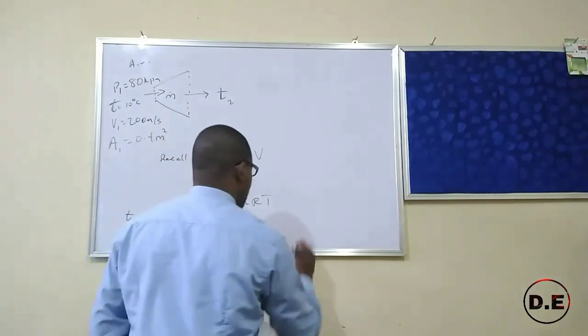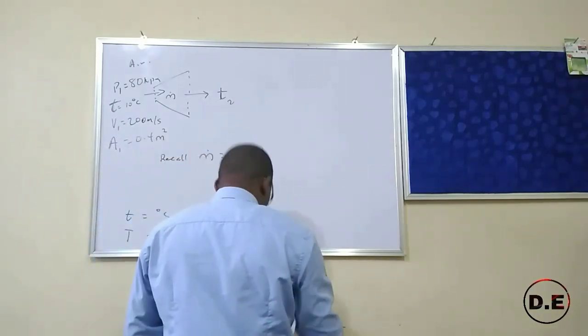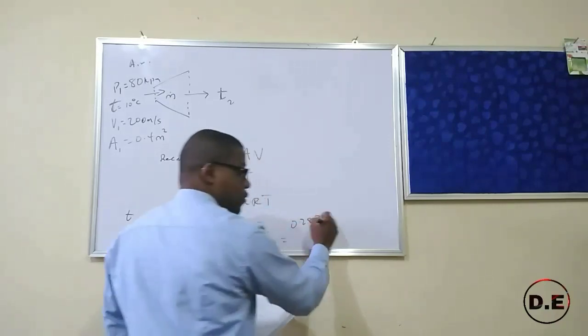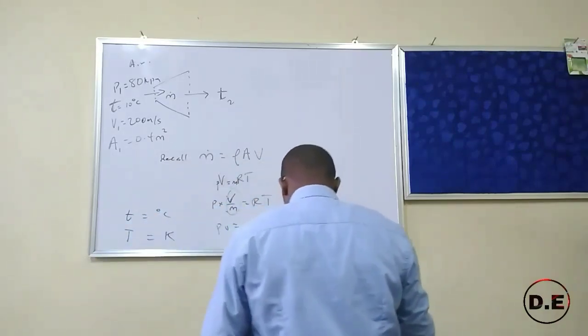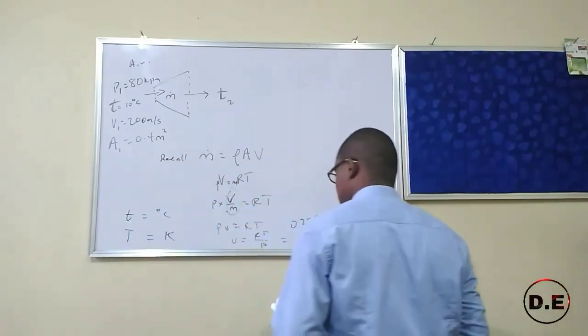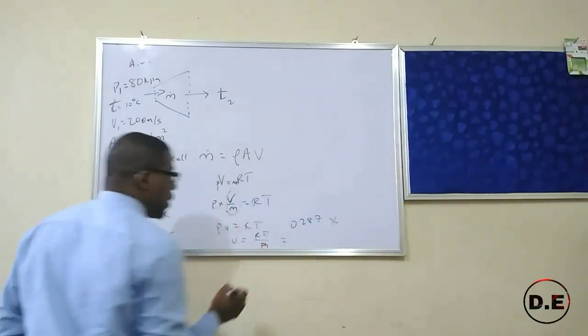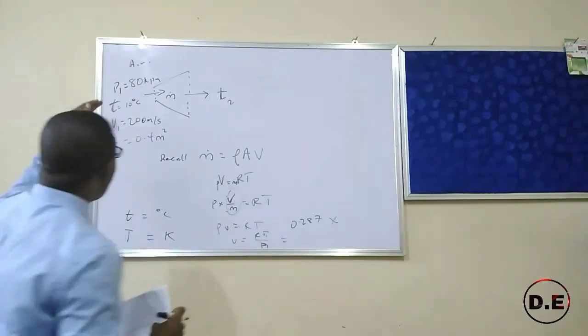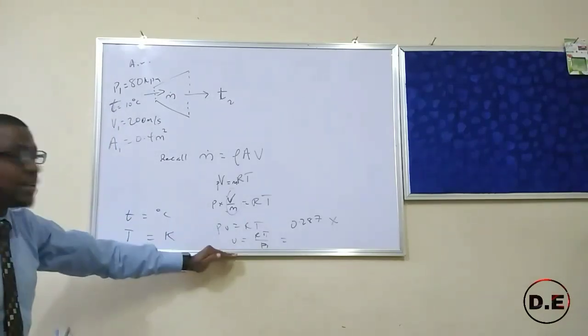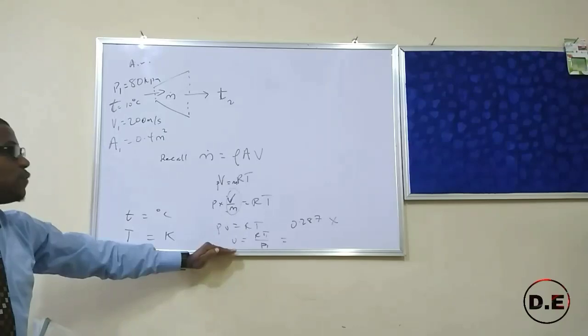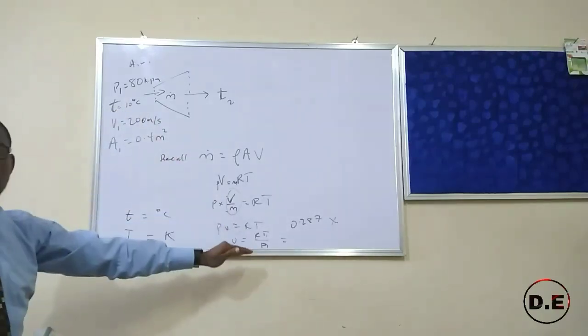Now R is the gas constant for air, which is nothing but 0.287, times the temperature T1, divided by the pressure P1. Now remember our temperature is in degree C, but this formula takes temperature in Kelvin. Therefore, I must convert from degree C to Kelvin.